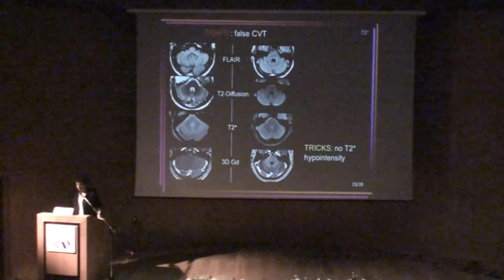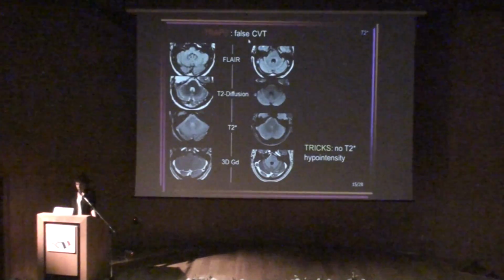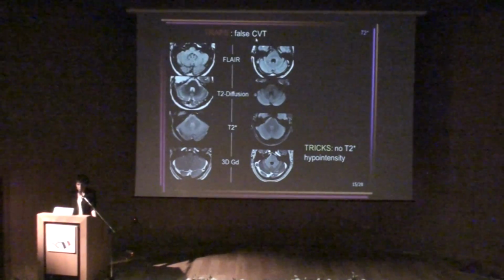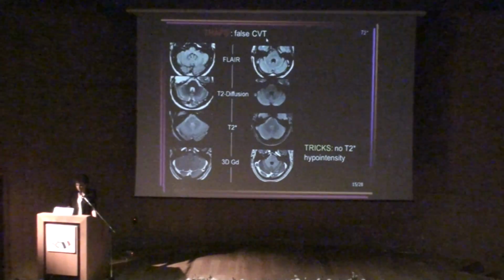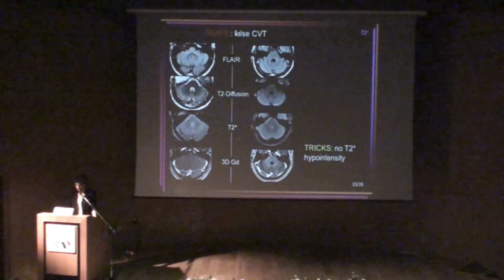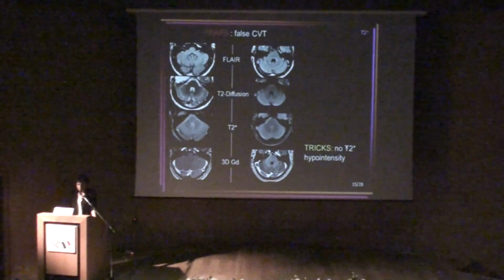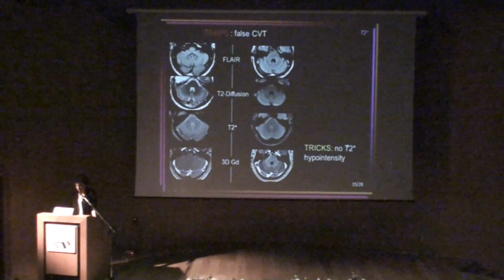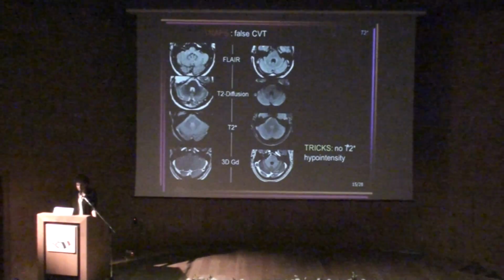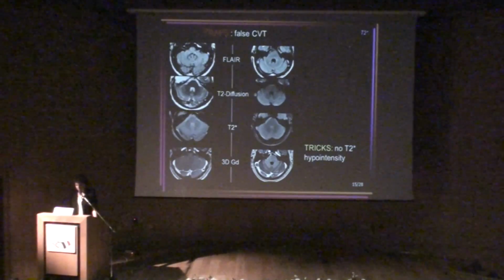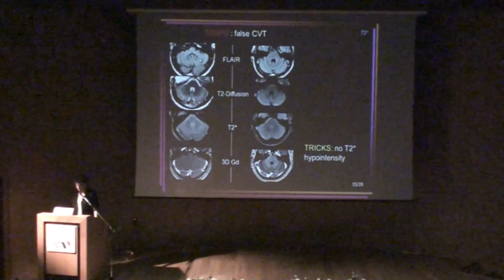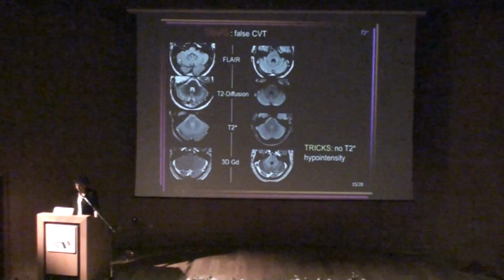Other traps. It's of course the problem of false cerebral venous thrombosis that we face every day. And I think for that the T2 star is very important because none of these differential diagnoses have a hypointensity on T2 star weighted sequence. Let me illustrate 3 situations on this slide.